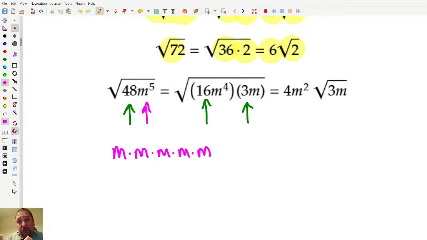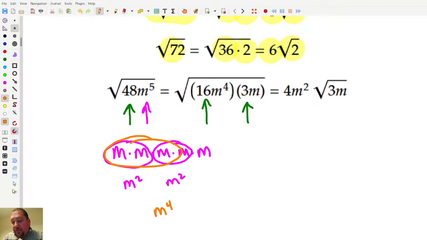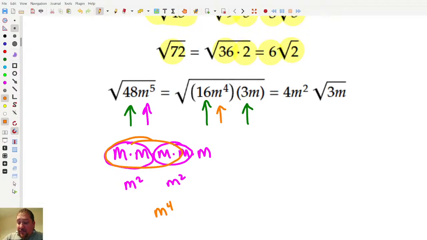And we're really looking for groups of 2. So this is an m squared, and this is an m squared, and collectively this is an m to the 4th, right? We want to find groups of 2, and there's 2 groups of 2, which means we can make this m to the 4th, and then there's a leftover m right here.